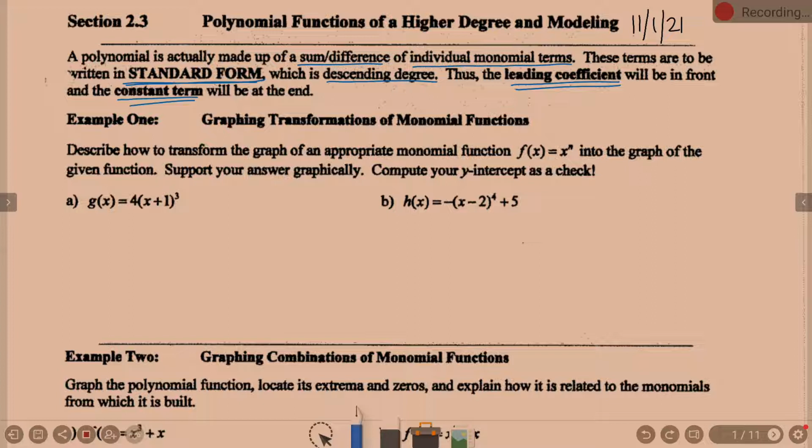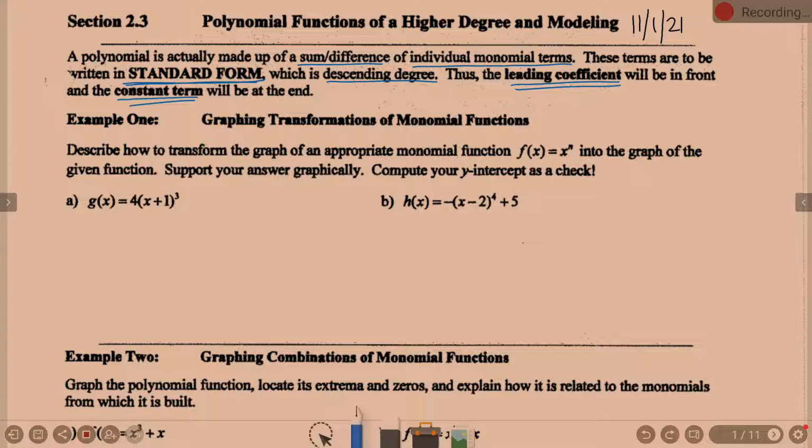Now, we're going to start with example 1. We're going to look at some graphs here, and these are just official monomial functions. In A, we're going to look at x to the third graph. In B, we're going to look at x to the fourth graph. So I think there's really about 3 things they want us to do here.